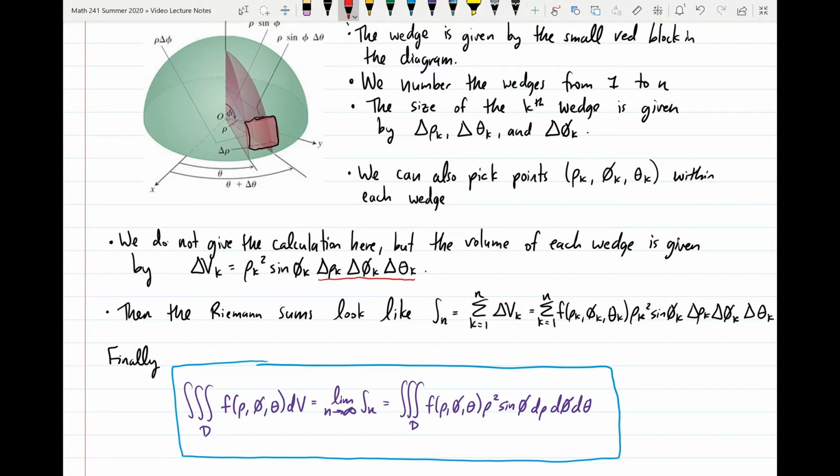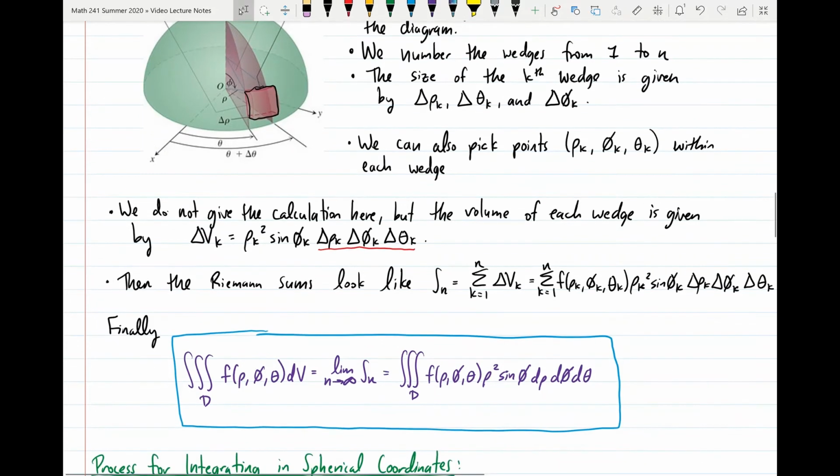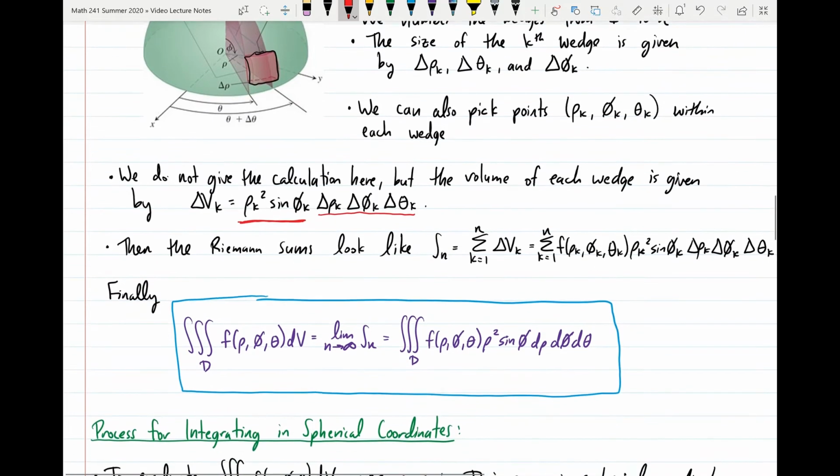So the important thing to note here is we would expect these things to show up inside of our integral. But just like when we were taking area with polar coordinates, we had an extra r that showed up, this time we have this extra rho squared and sine phi showing up because we're using spherical coordinates.